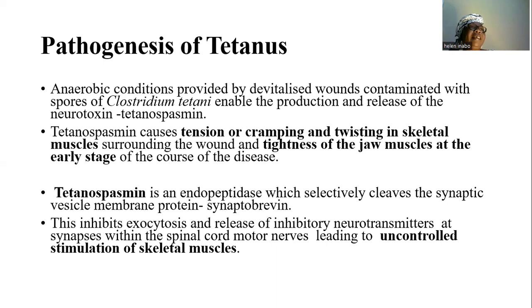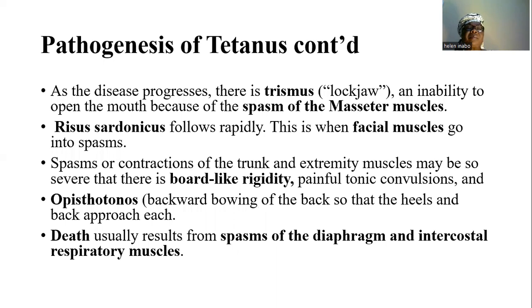Tetanospermin is a zinc endopeptidase which selectively cleaves the synaptic vesicle membrane protein synaptobrevin. This inhibits exocytosis and release of inhibitory neurotransmitters at synapses within the spinal cord motor nerves, leading to uncontrolled stimulation of skeletal muscles.